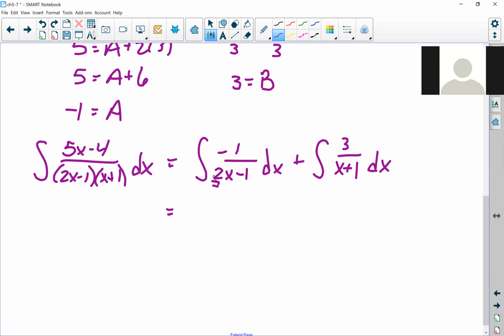Using our aha from the previous example, I am going to get a 1/2. I'm also going to pull that negative out front. And again, if you're not yet at that point where that aha moment makes sense, you can certainly use substitution. I've only been doing this a few years, so, you know, like 30.